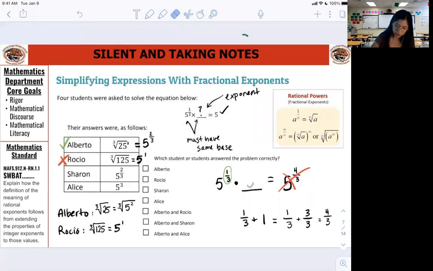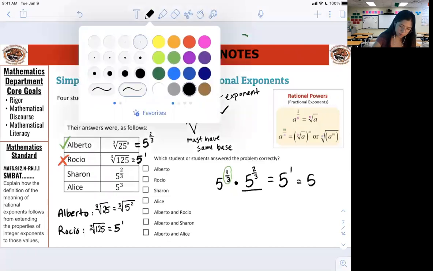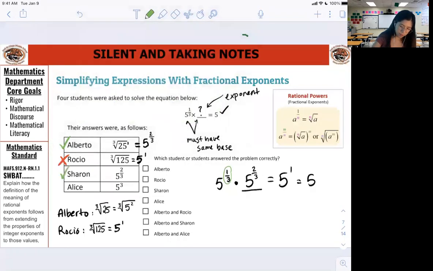Sharon has the same number as who? Yeah, same number as Alberto. And we already know that 1/3 plus 2/3 gives me 1. So Sharon's also good to go. And then Alice, 5 to the power of 3, just 3. 1/3 plus 3, what's that?